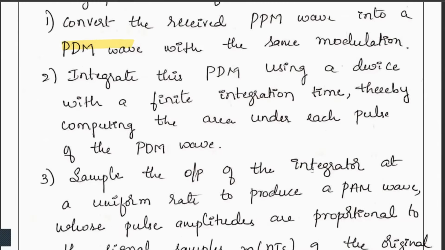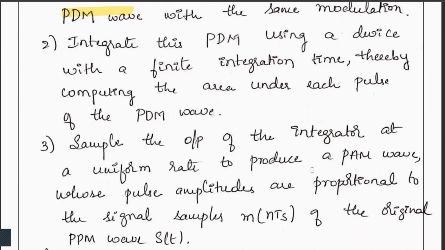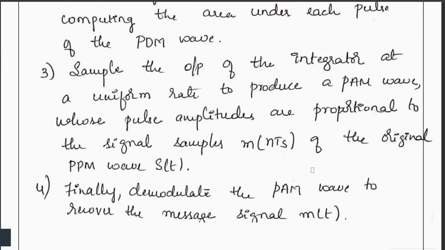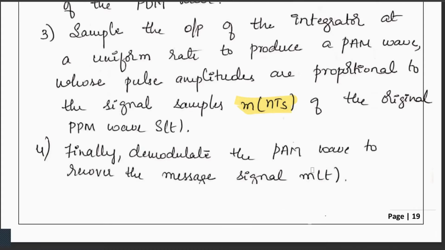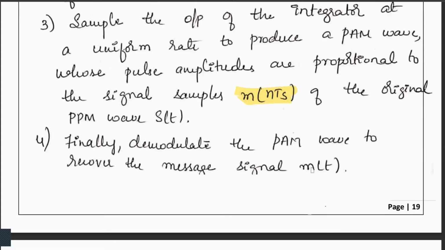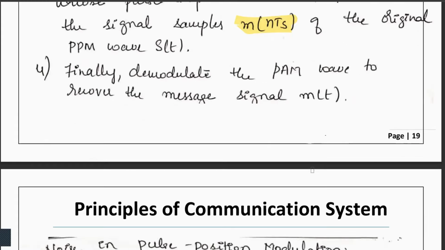Second, integrate the PDM wave using a finite integration time, thereby computing the area under the pulse of the PDM wave. Third, sample the output of that integrator at the uniform rate to produce a PAM wave whose pulse amplitudes are proportional to the signal samples, that is m of nTs of the signal PPM wave s of t. Finally, demodulate the PAM wave to recover the message signal.